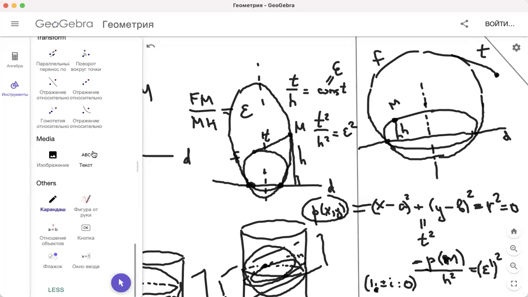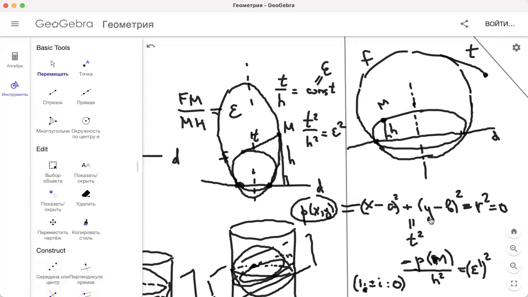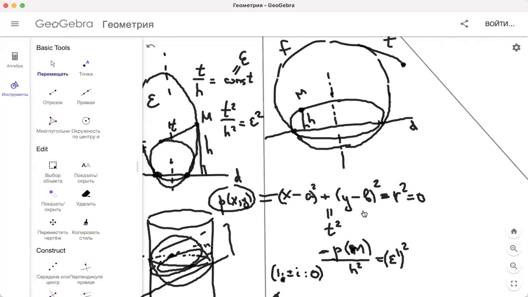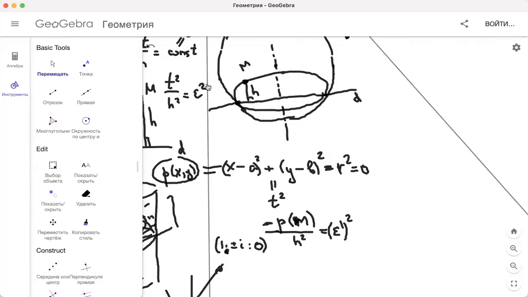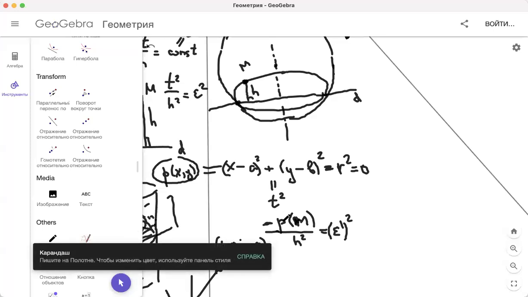This constant is not equal to the eccentricity epsilon, but there is some relation between these constants, precisely the following one.